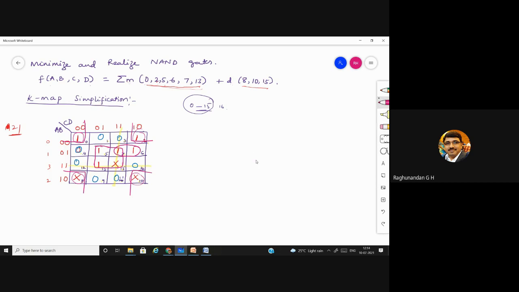Now, after stopping the grouping process, let us see how we are going to write the equation. Now, I told you, I'll take this group first. You should look into the horizontal and vertical values, and the common terms in that.